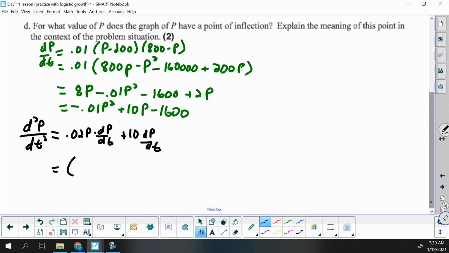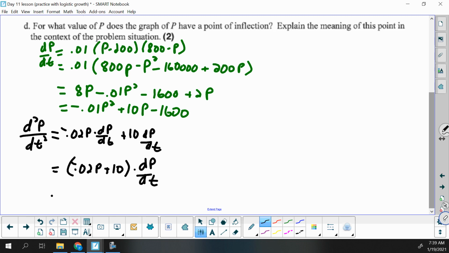Pull the dp over dt out, so that's 0.02p plus 10 times dp over dt. Oops, I lost a minus here. We had minus 0.01p squared, so this should be a minus here and a minus there. Sorry about that.